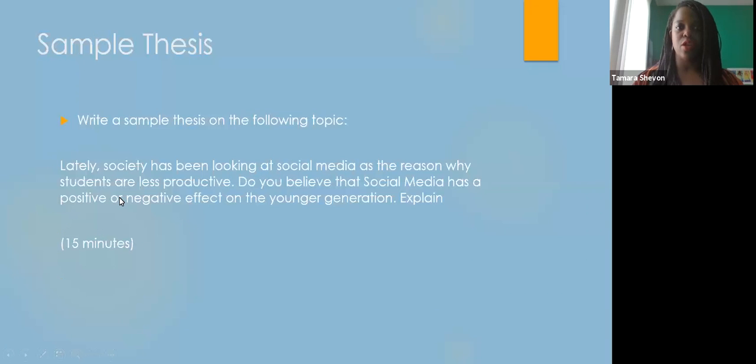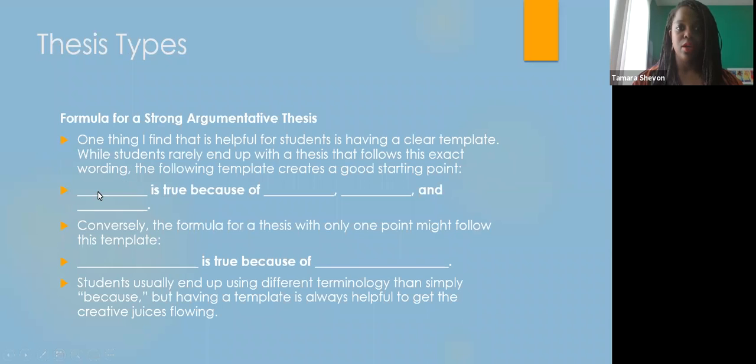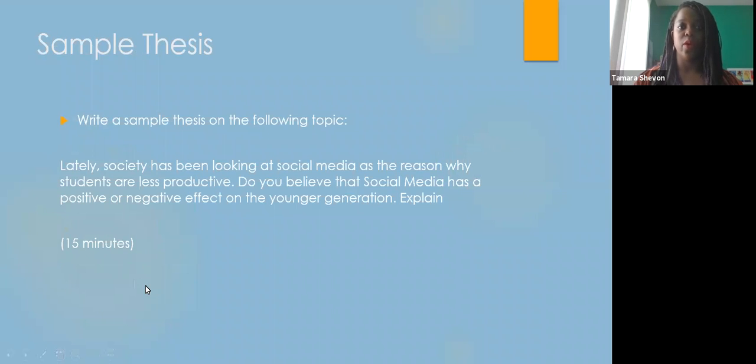What is the topic that we're talking about? Do you believe that social media has a positive or negative effect on the younger generation? So you would start off with, social media has a positive or negative effect on the younger generation because of 1 point, 2 points, and 3 points. That's the way that you would structure your argument, and then you would be doing research on those 3 points to prove this point.